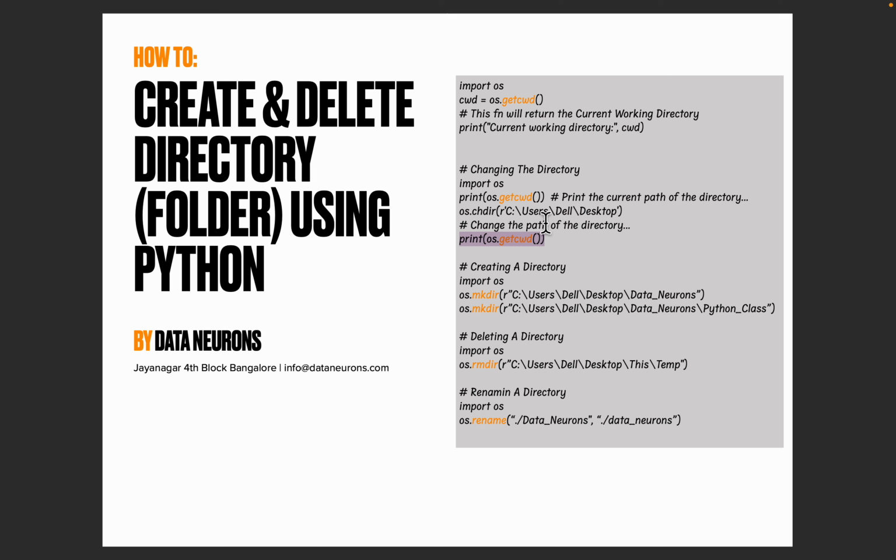So till now we have gone through how to get the current working directory and how to change the directory. These are the two commands: getcwd and os.chdir. getcwd will not take any input parameters, whereas chdir takes a parameter, the path where you want to point your current working directory. Now let's talk about creating a directory, or creating a folder.